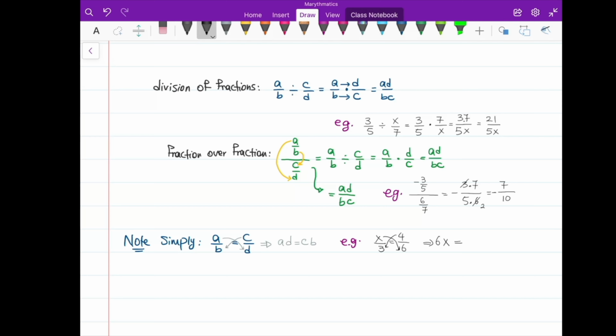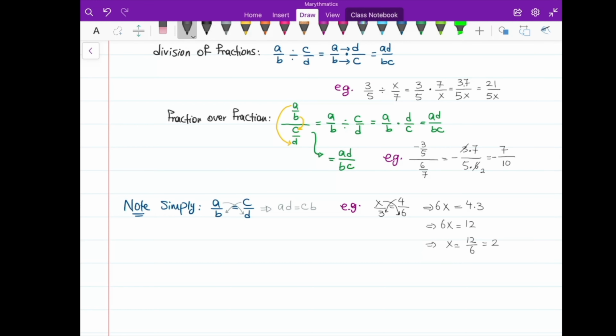This times that, cross multiplication. So basically I have 6x equals 12, and now x would be 12 divided by 6, which would be equal to 2, right? So cross multiplication is very useful in calculus as well.